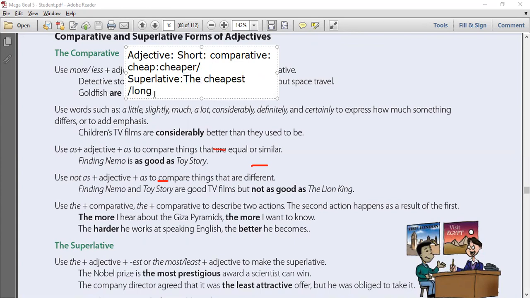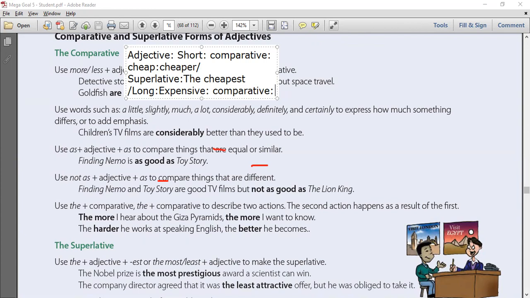But if the adjective was long, like expensive, we're going to use more. Okay? And in the comparative form, I'm going to compare between two things using expensive.